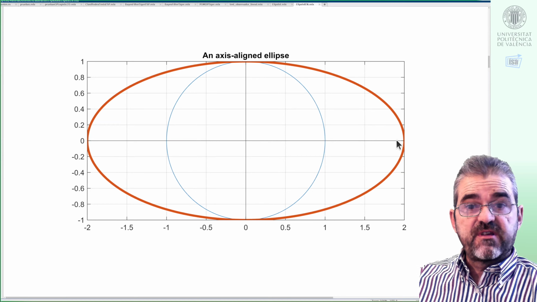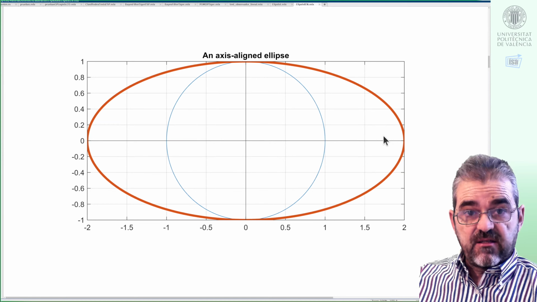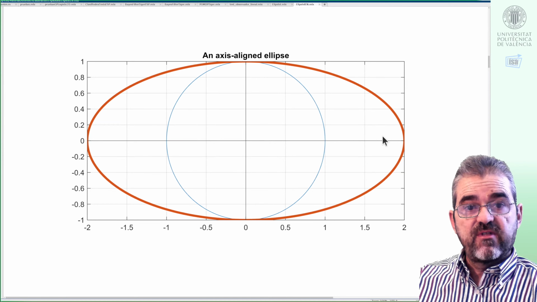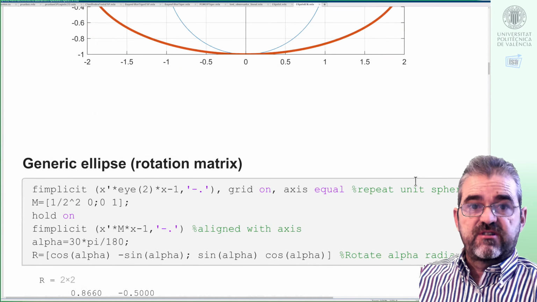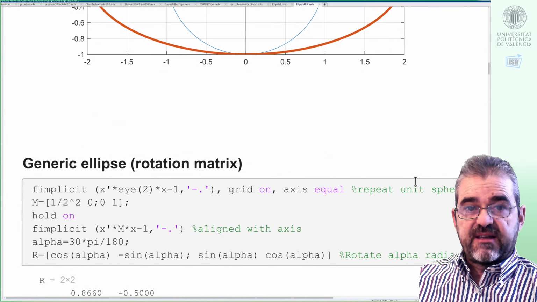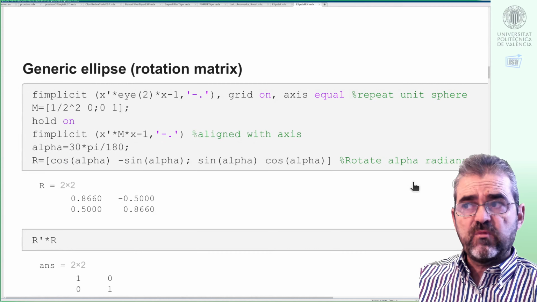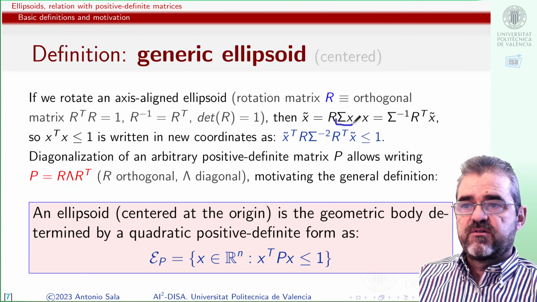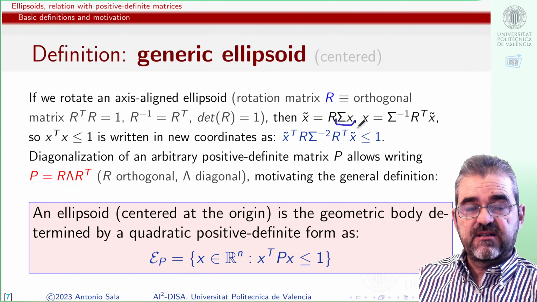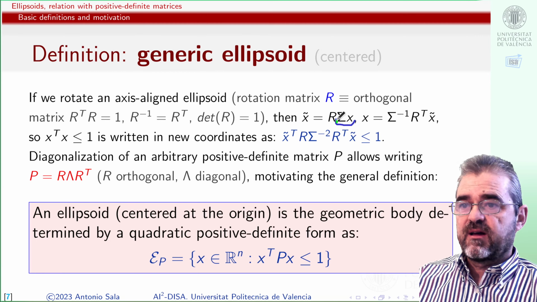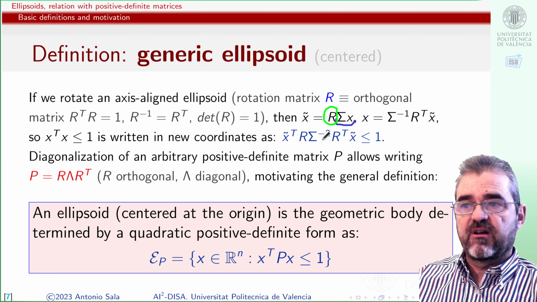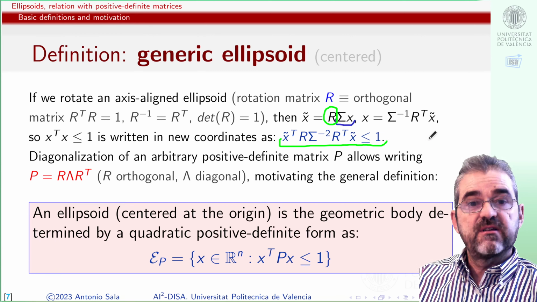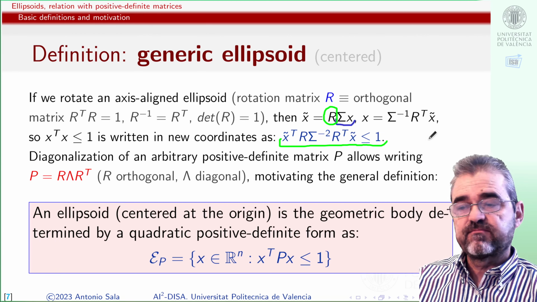The next thing we considered was the possibility of rotating this so that it's not aligned with the axes. Rotations in linear algebra are carried out by rotation matrices, which are orthogonal ones. So if I craft this 30-degree rotation matrix, in addition to the diagonal scaling, which was stretching in the coordinate directions, I add the rotation, and I have this inequality in the new coordinates.